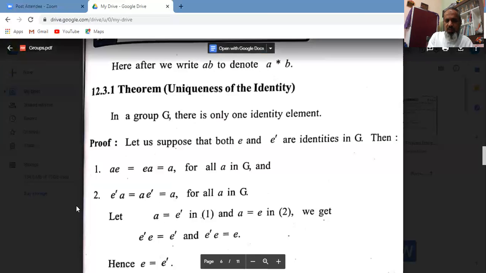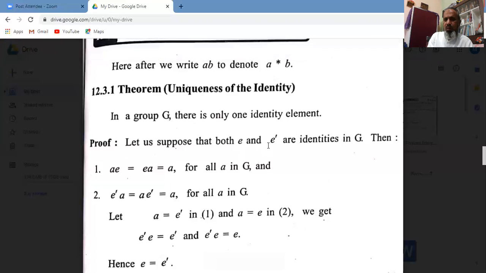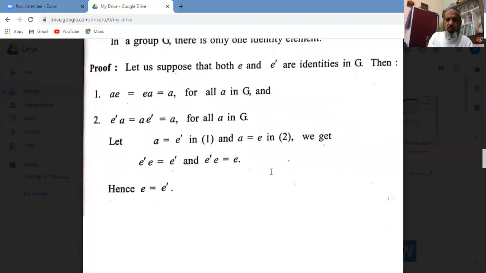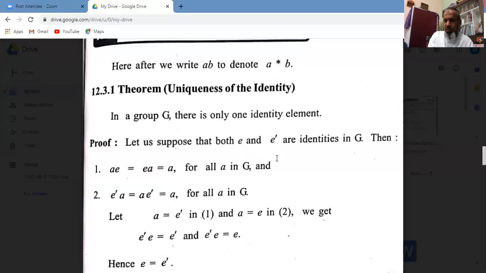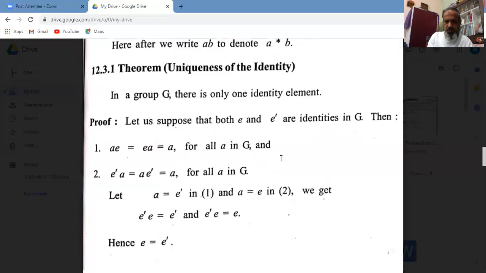Therefore, E must be equal to E dash. So these two identity elements are not different; they are one and the same. So this is called the uniqueness of identity. If G is a group, then there exists one and only one identity element.